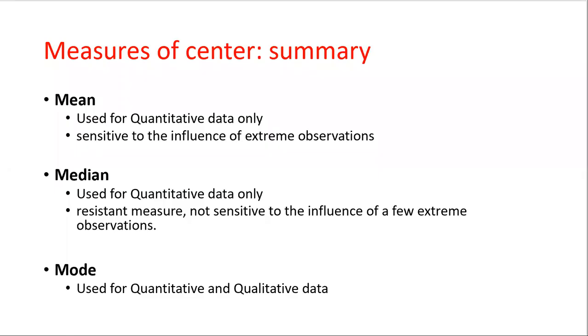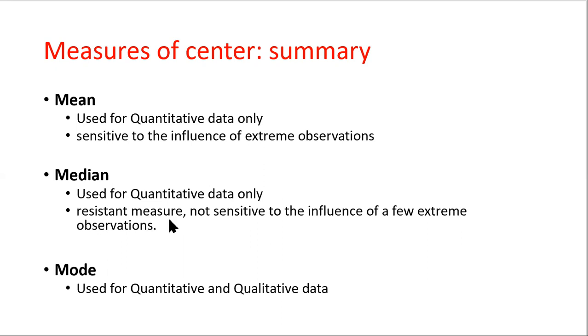So here's a summary for our measures of center. Mean is used for quantitative data only, and it is sensitive to the influence of extreme observations, so very low lows and very high highs. Median is used for quantitative data. I would not say only, it's used for qualitative data as well.